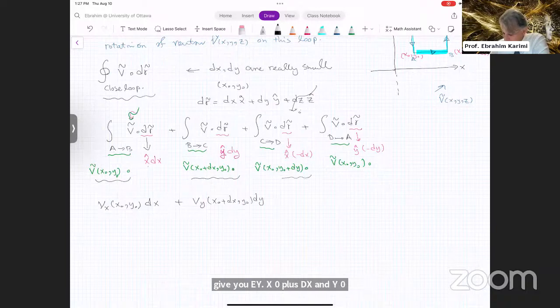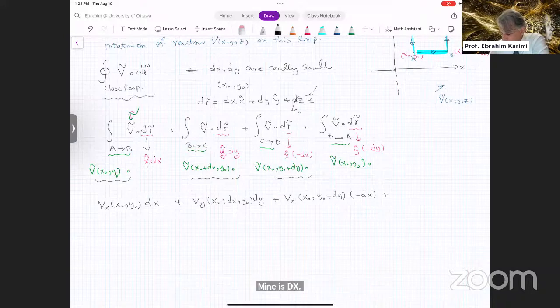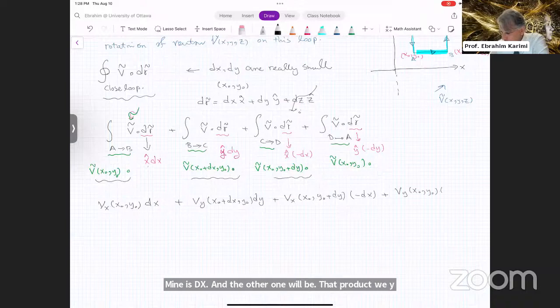And finally, that one will be v of x0 and y0 plus dy, times minus dx. And the other one will be the dot product with y hat, which is vy of x0, y0 times minus dy. Good.